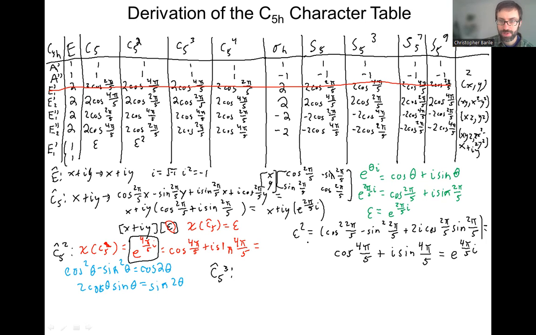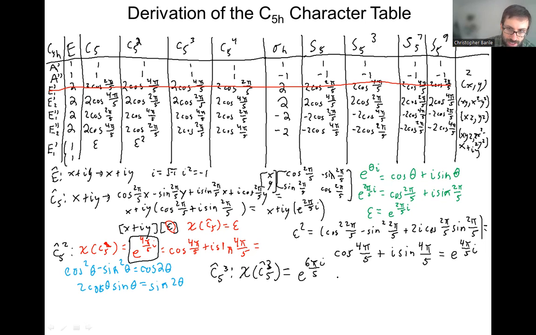Epsilon is always equal to e to 2 pi i over 5, but we're going to get our character at the very end when we do all the math, which we don't have to redo. Our character is going to be equal to e to the 6 pi i over 5. And that equals, of course, cosine 6 pi over 5 plus i sine 6 pi over 5.